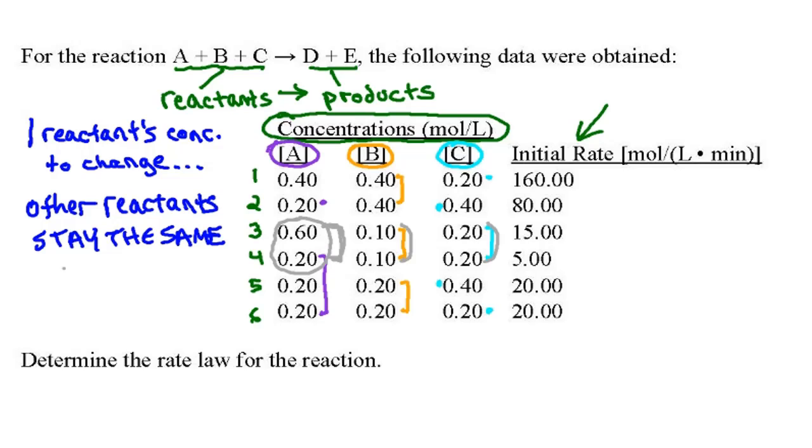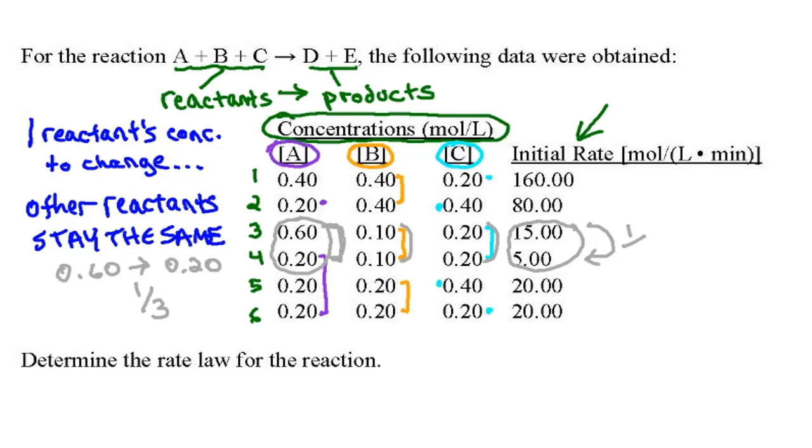So between 0.60 to 0.20, this is cut into thirds. So this is cut into thirds from 0.60 to 0.20 for the concentration of A. And let's look at the initial rate now. The initial rates are 15, and it goes down to 5.